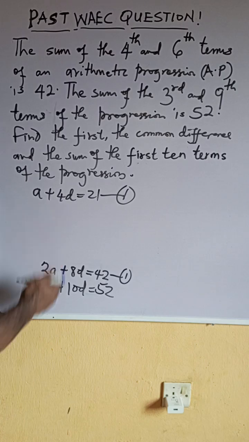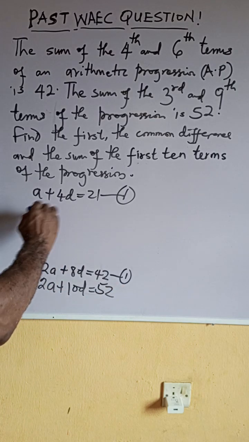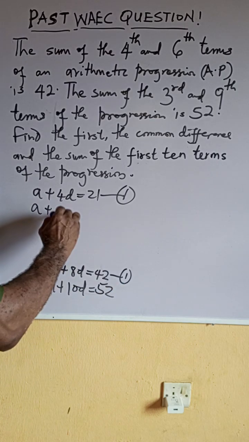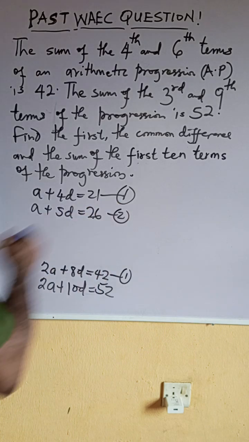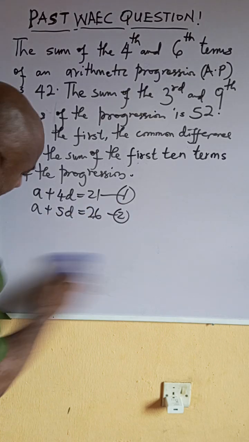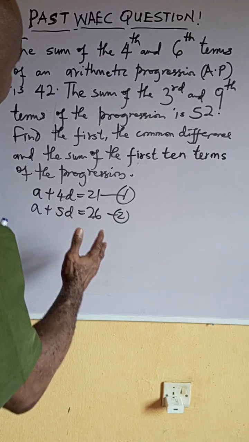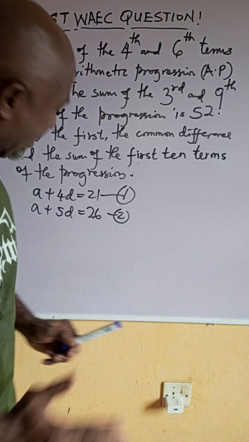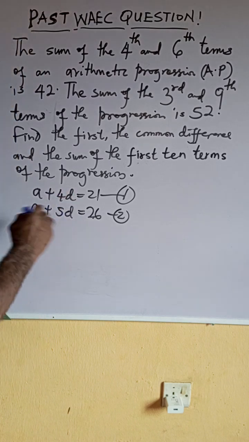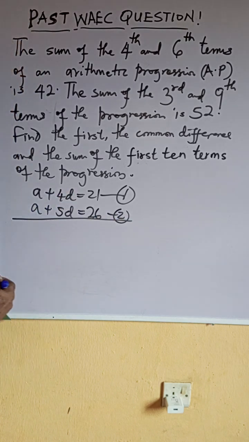For this, if we divide through by 2, we have that A plus 5D is equal to 26, equation 2. At this point, you can see this has resulted in a simultaneous equation, and preferably, I will use the method of elimination.